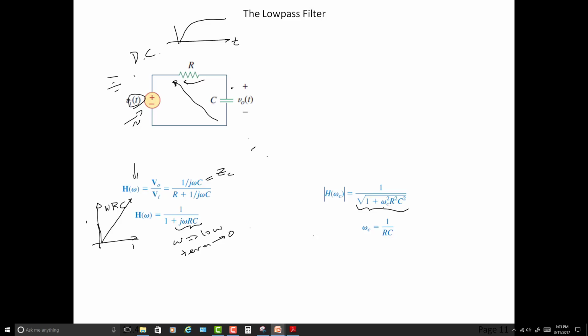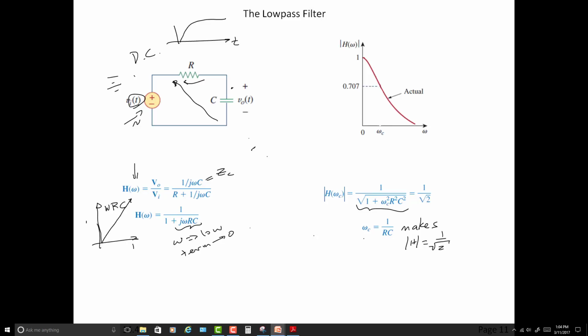The corner frequency is the point at which this term disappears, right? Or it's the point at which that term becomes 1, right? So this makes the magnitude of H equal to 1 over square root of 2, right? So that's what's happening there.